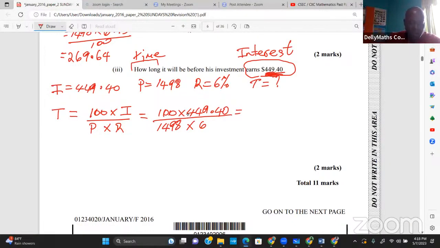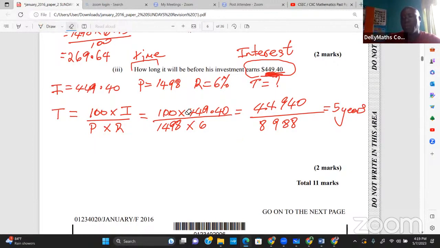So 100 times 449.4 gives us 44,940, and you want to divide this by 8,988. All right, so let's do the division now. 44,940 divided by 8,988, and I'm getting 5. Let me put 5 here. 5 years. I got 5 years.